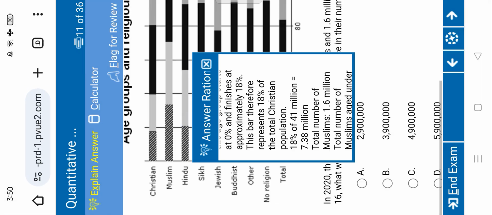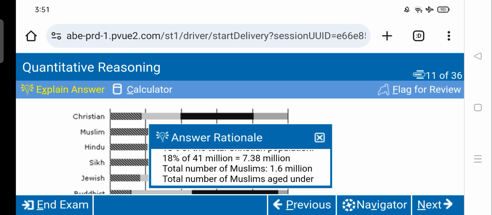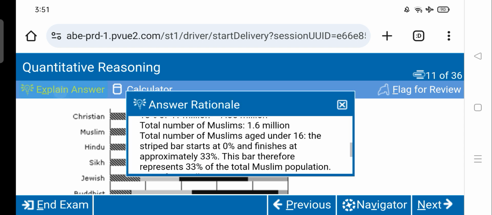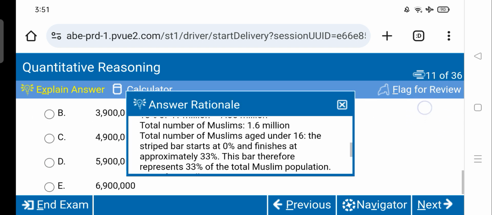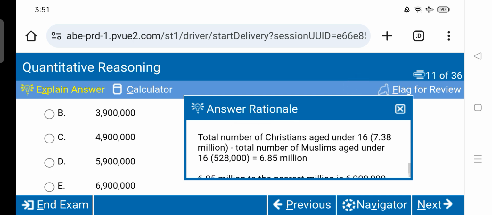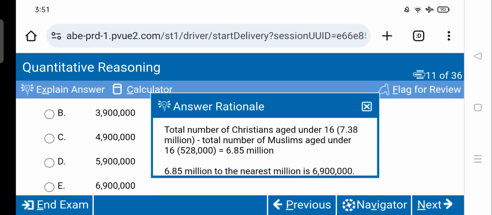So total number of Christians aged under 16, 7.38 million, minus total number of Muslims aged under 16, 528,000, equals 6.85 million. 6.85 million to the nearest hundred thousand is 6,900,000.